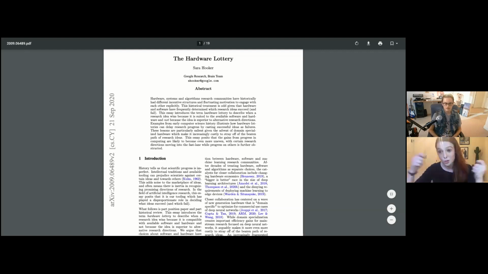There was huge lags. So with the analytical machine close to a century, but even more recently with deep neural networks, because the idea was proposed, but we didn't have the hardware and software to operationalize it.